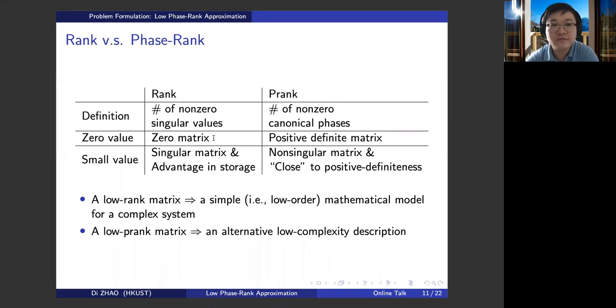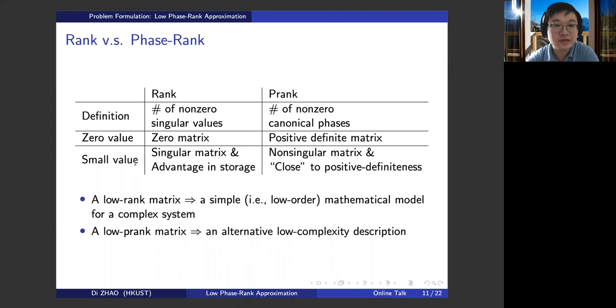If a matrix has 0 rank, then it's just a 0 matrix. But if a matrix has 0 phase rank, then it is actually a positive definite matrix. So this is quite different. A 0 rank matrix is 0, but a 0 phase rank matrix is positive definite.